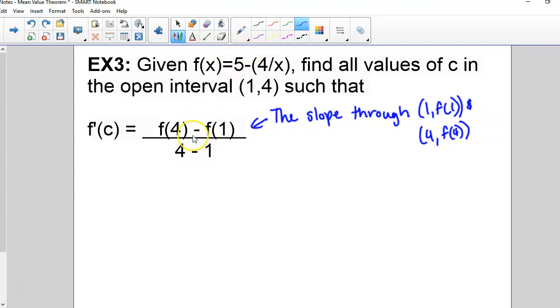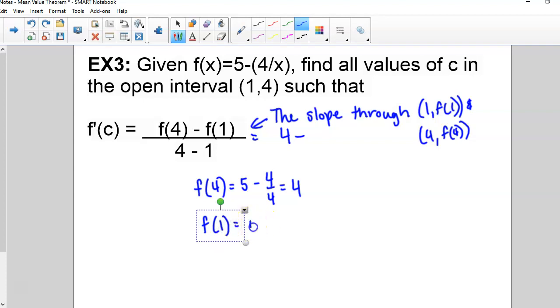So if you find f of 4 and f of 1, f of 4 would be 5 minus 4 over 4. So it gives 5 minus 1, which is 4. For our slope here, we would have 4 minus f of 1, and f of 1 would be 5 minus 4 over 1, which is 5 minus 4, which gives us 1.